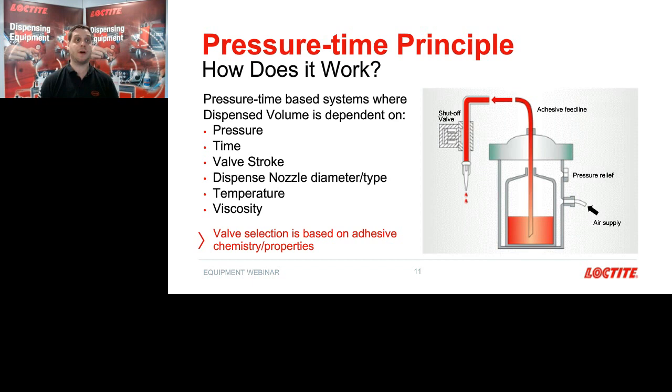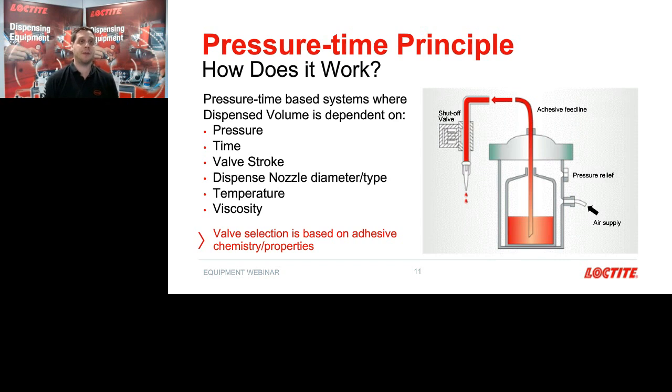Some valves have what's called valve stroke, and what this does is you're actually controlling how much the valve opens internally, so you can restrict the flow or increase the flow using the valve stroke. With your dispense nozzle at the end of the valve, if you have a small diameter tip, then you can restrict the flow, and if you have a larger diameter tip, then you can increase the flow.